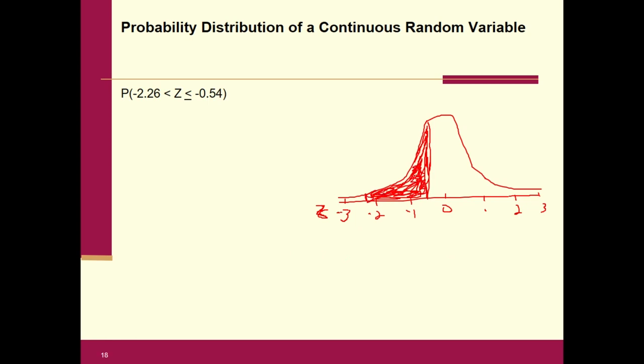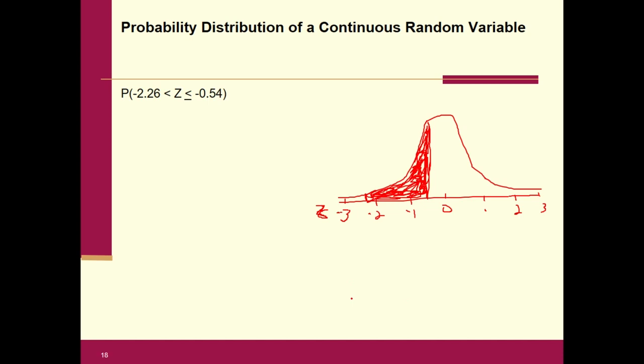Okay, so our answer should be less than 0.5. Okay, and we can see that from our graph. So we got to go ahead and look up a negative 2.26, and we're also going to have to look up a negative 0.54. Okay, so let's take a look and see what we get.